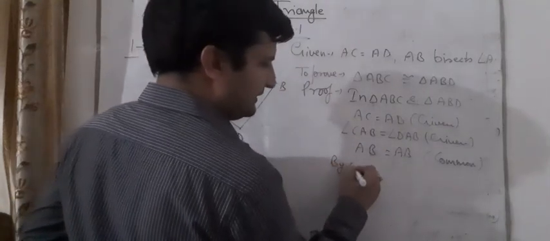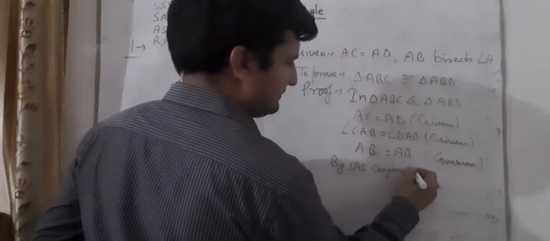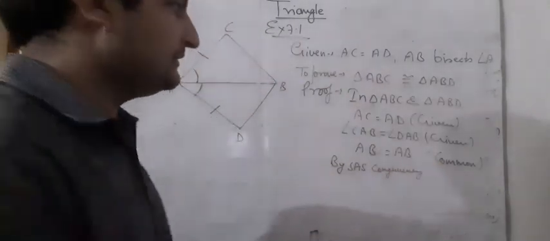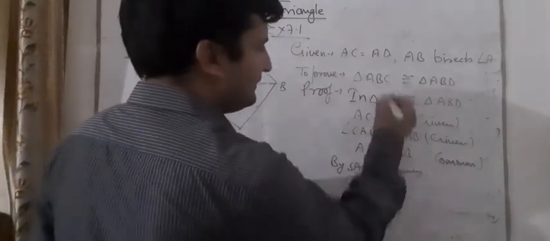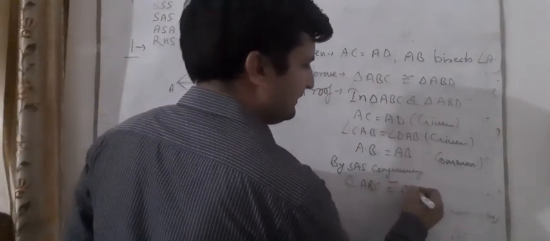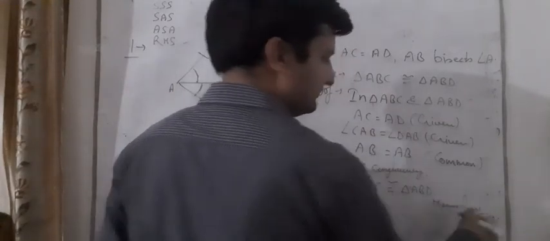So by SAS congruency, students, we can say that triangle ABC is congruent to triangle ABD. These two triangles we have proved, so we can write in the last, hence proved, because only we have to prove that.